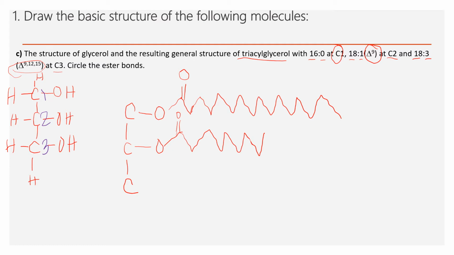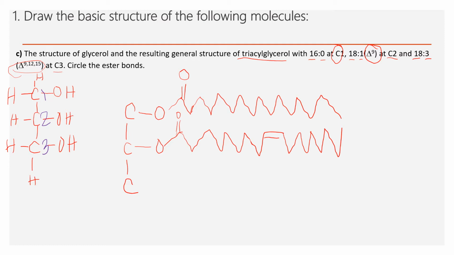At location 9, it doesn't say cis or trans, so we're just going to draw it like that, because that's what it is on the key. Then you have to get all the way to 18. So that's 10, 11, 12, 13, 14, 15, 16, 17, 18.